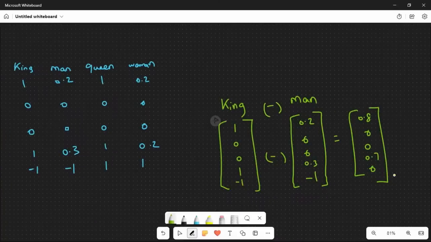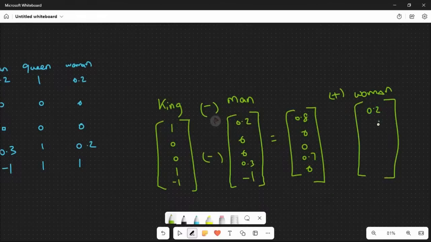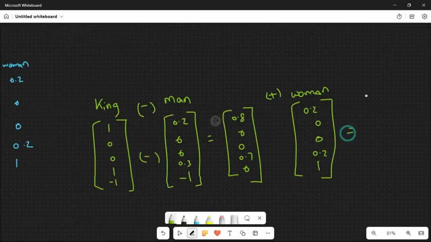So once I reduce this property, I'm going to add this value with the array of women. Okay, so now I'm adding the gender women here. So what's the value of women? We have 0.2 and we have 0, here 0, here it is 0.2, here it is 1. So when you add these two, you will get 1 here, 0, 0, 0.9 here, and here it is 1.